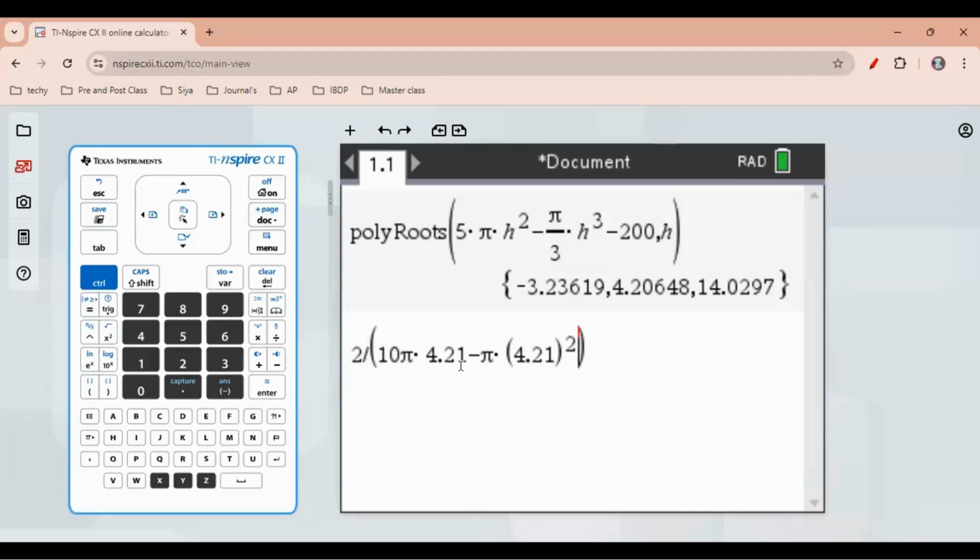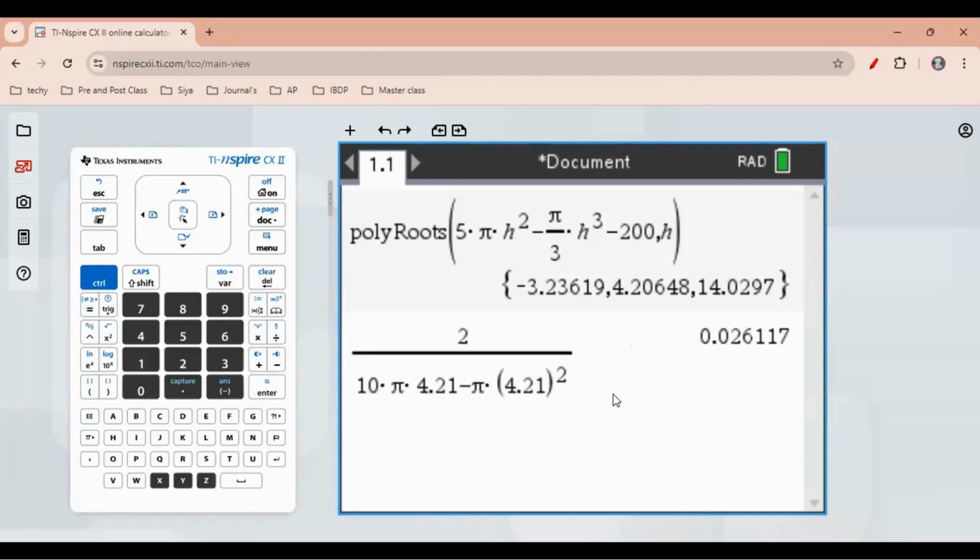Right, so 10 pi times 4.21 and 2 divided by. So this is what we need to solve with the enter. We got 0.026. Let's take this value.